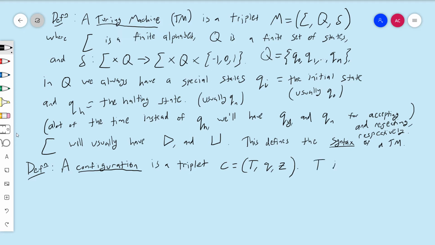T is a finite string. Oh no, I should have probably defined what a string is first. Dang. I'll just say collection of symbols, or sequence of characters.